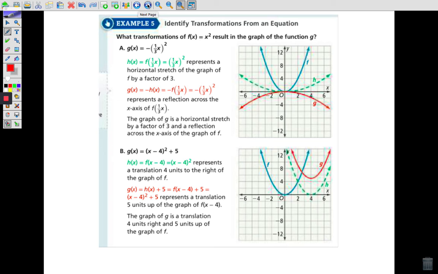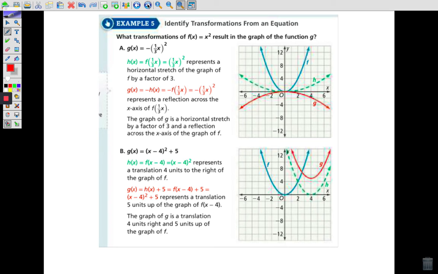Alright, so number 5 says, what transformations of f of x equals x squared result in the function g? If I'm just looking at that equation, we can just talk about it. What's that negative out in front of the equation make it do? Anybody remember? We just talked about it. Flip, reflect, right?